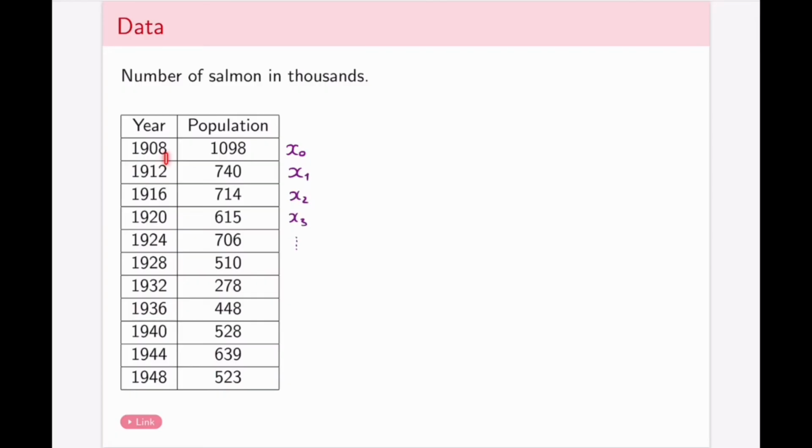Now you can see here that my intervals are always at 4 years, so I can keep the indices here sequential as well. So I just put together these numbers and I came up with the following formula, that x sub n plus 1, so the n plus first iteration, so the n plus first step from my initial population of 1098 in year 1908, the formula looks like this.